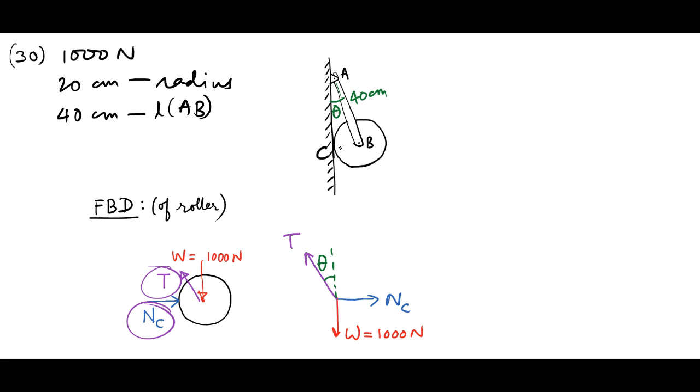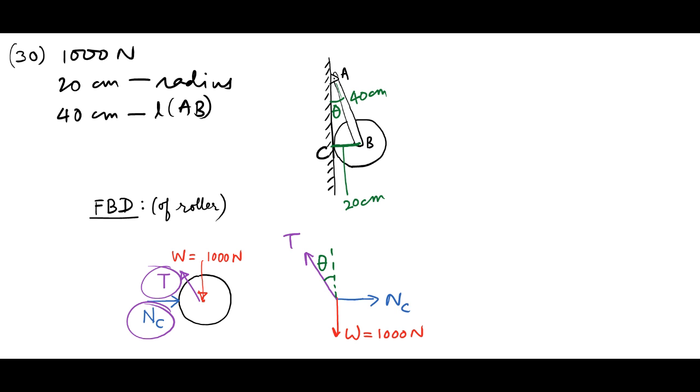So I'll just draw the radius. Remember, the radius is perpendicular to the tangent. The wall is the tangent, so I must draw something perpendicular to the tangent, and this radius is given to be 20 centimeters in the data.